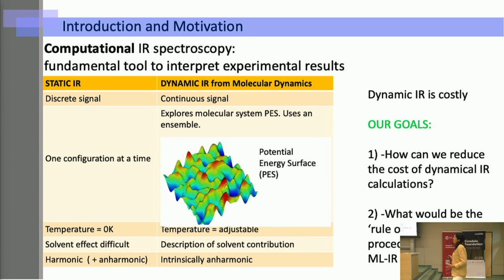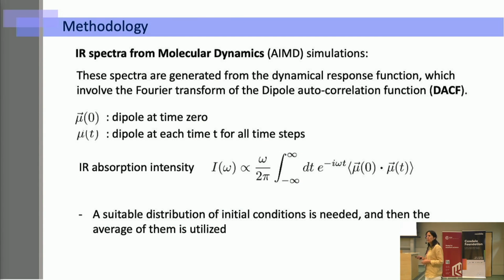Our main goal then is to reduce in some way the cost of these calculations, and eventually to come up with a rule of thumb and a guidance for people who want to do this kind of calculation. The way it's calculated is different from the static calculation.